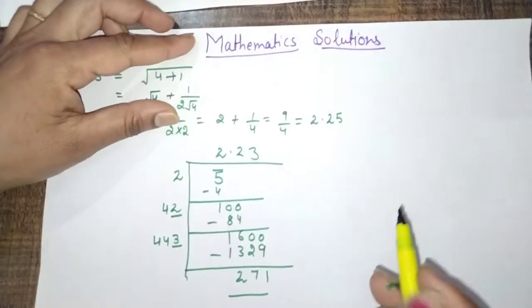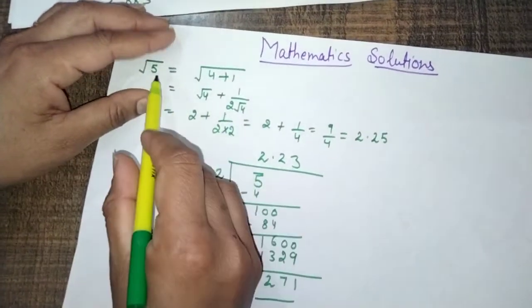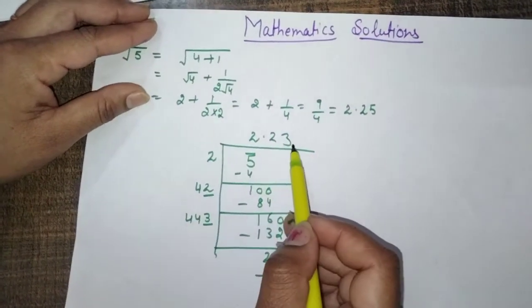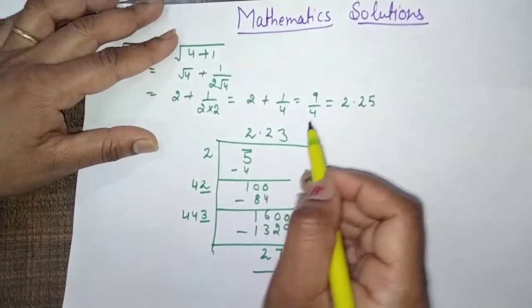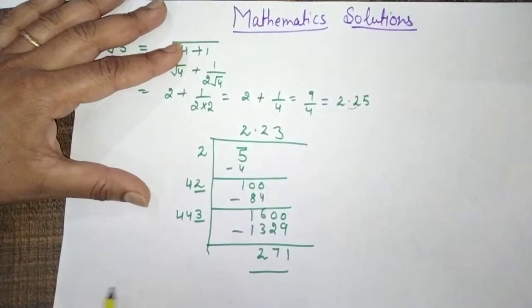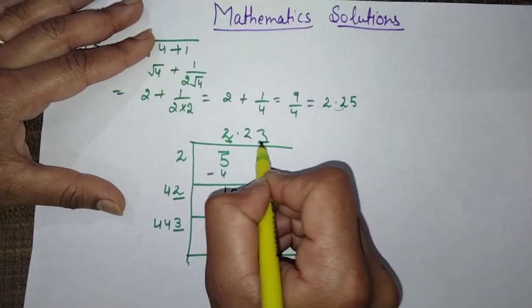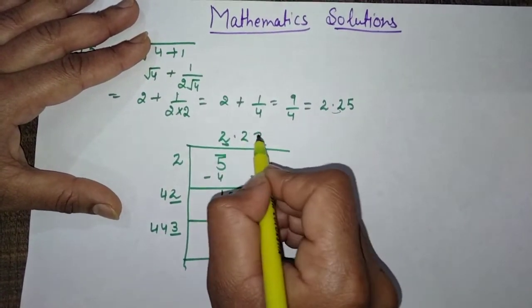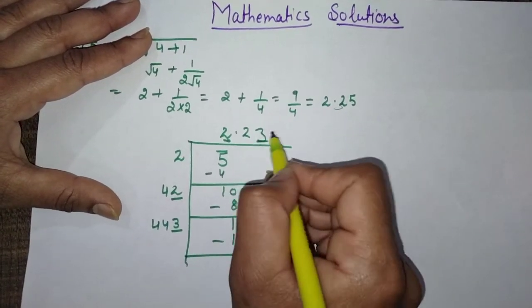So you can see that we have found the answer both by the short trick method and by the long division method, but there is a difference of point something. Though we have got almost the same answer 2.2, when we see its second place after the decimal, there is a difference of some number.